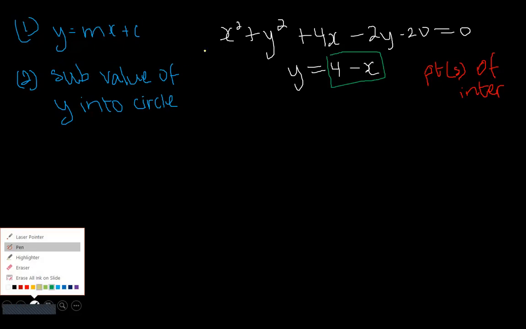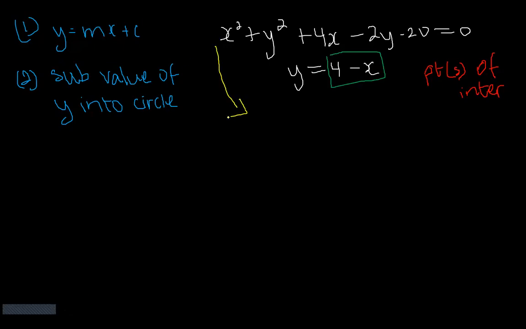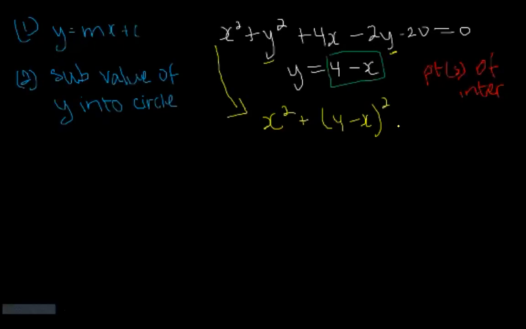So looking at our equation of the circle, wherever we see y, we're going to replace it with 4 minus x. So x squared plus, instead of y, I would put 4 minus x squared plus 4x minus 2.